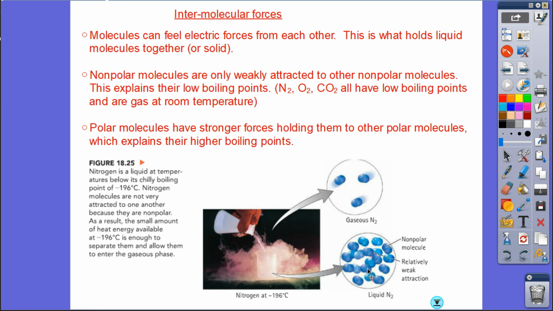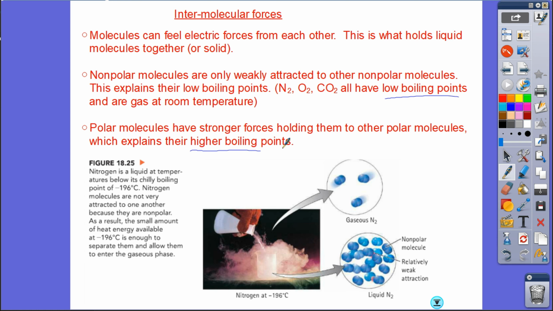So that typically means it has a low boiling point. It's easier to separate the molecules into a gas. Polar molecules, however, have a stronger force holding them to the other polar molecules that make up that substance, so they usually have slightly higher boiling points. And then ionic bonds would have the highest boiling point of all, because they are much more strongly attracted.